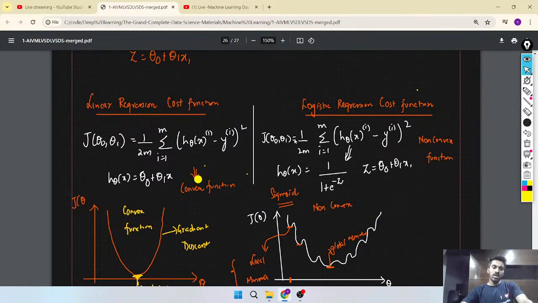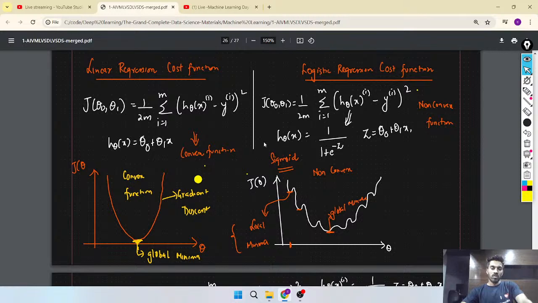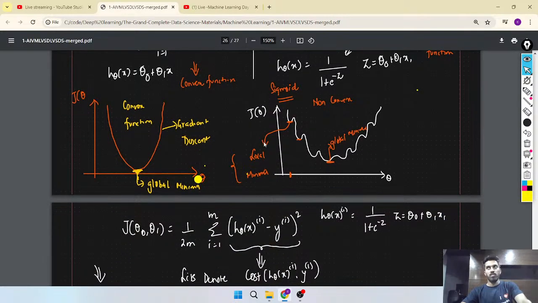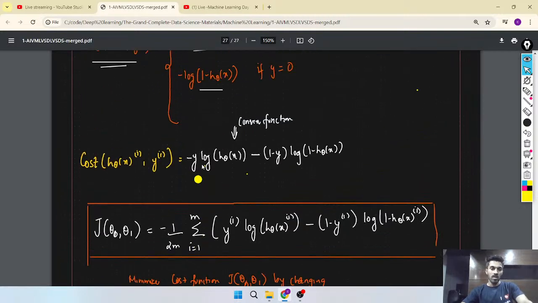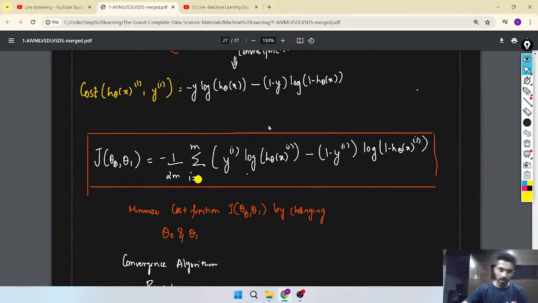So in logistic regression, we apply another cost function. The formula is minus y log of h(x) minus (1 minus y) log of (1 minus h(x)). Basically, this is the formula.